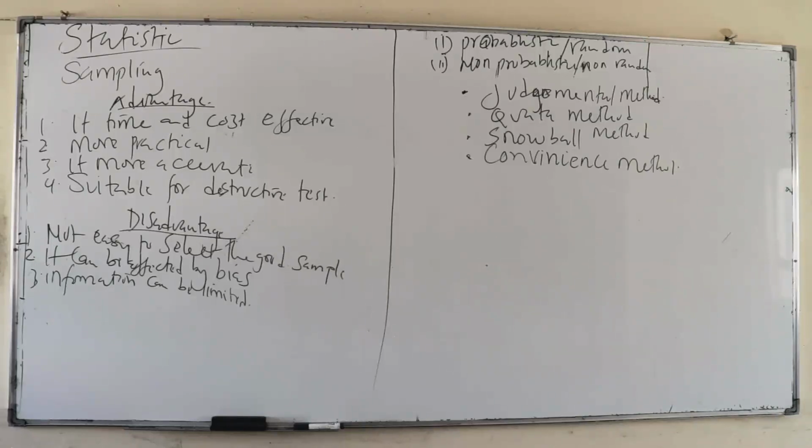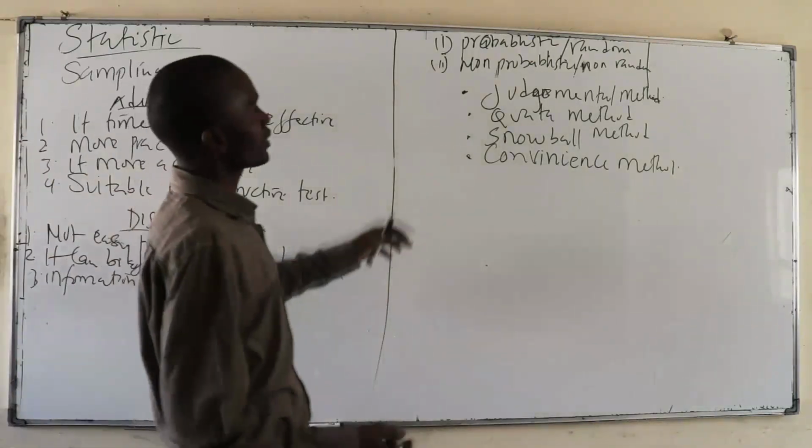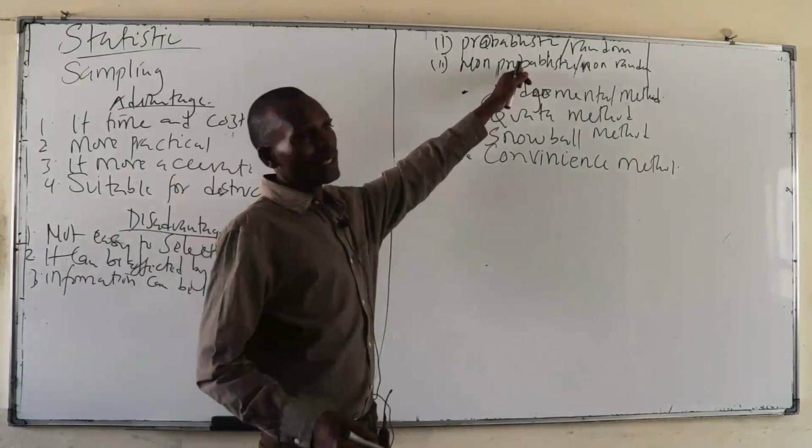This is where the researcher selects items which are only convenient. So those are the four methods of non-probabilistic.